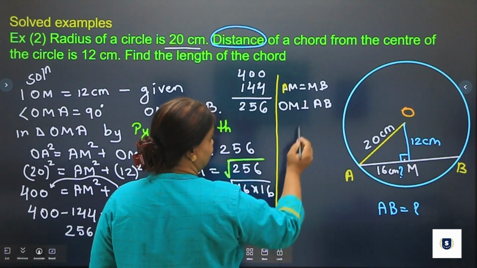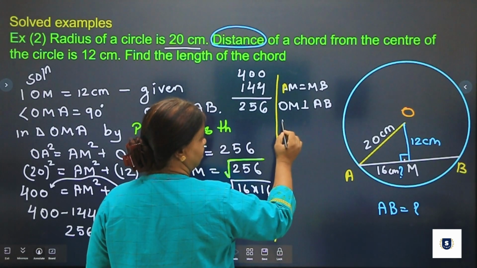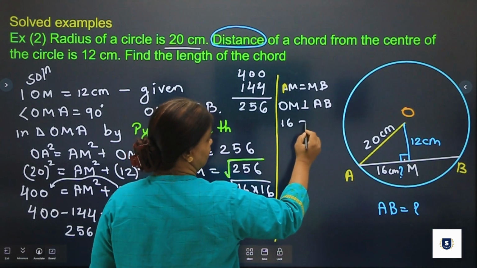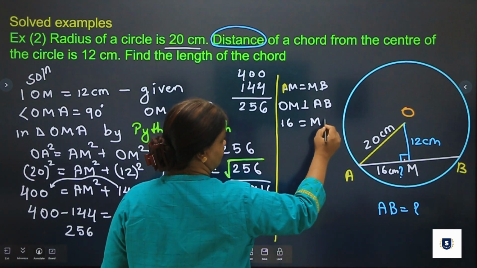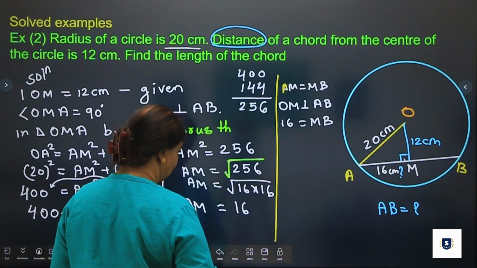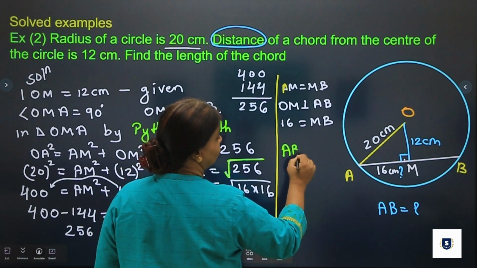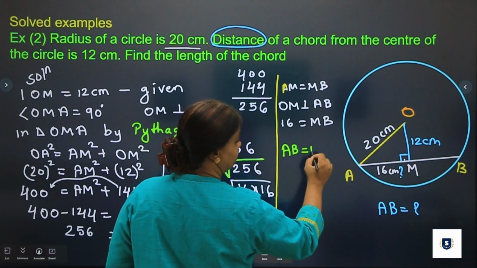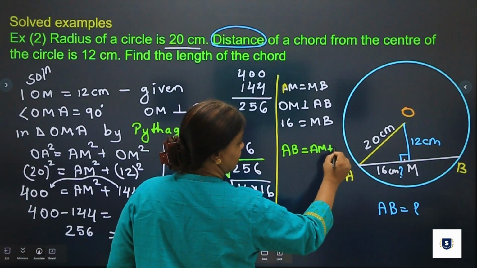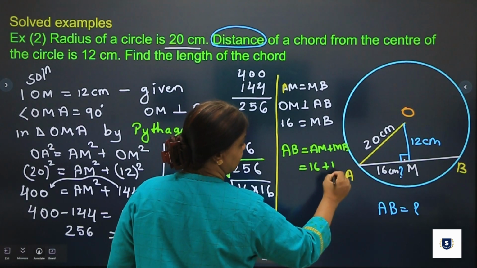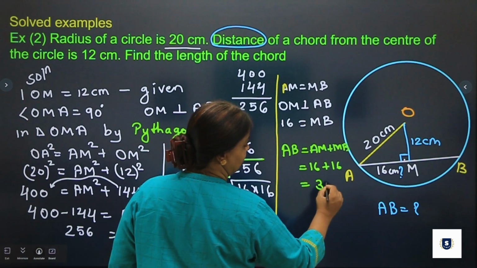So if AM is 16, MB also will be equal to 16. And therefore, AB is equal to AM plus MB, which is equal to 16 plus 16, which is equal to 32.